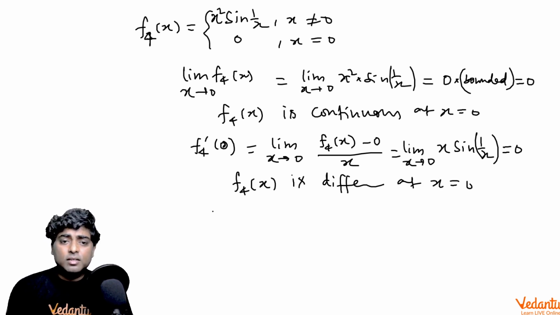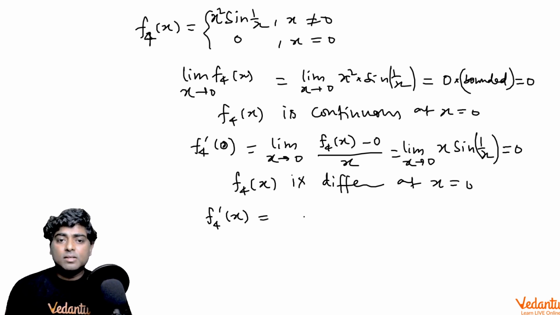But if you check whether the derivative is continuous or not, f4 dash x is what? You'll have to differentiate it. F4 dash x, because it is defined at 0, is 2x sine 1 by x if you differentiate it using the product rule, x squared as it is, and what is the derivative of sine 1 by x?